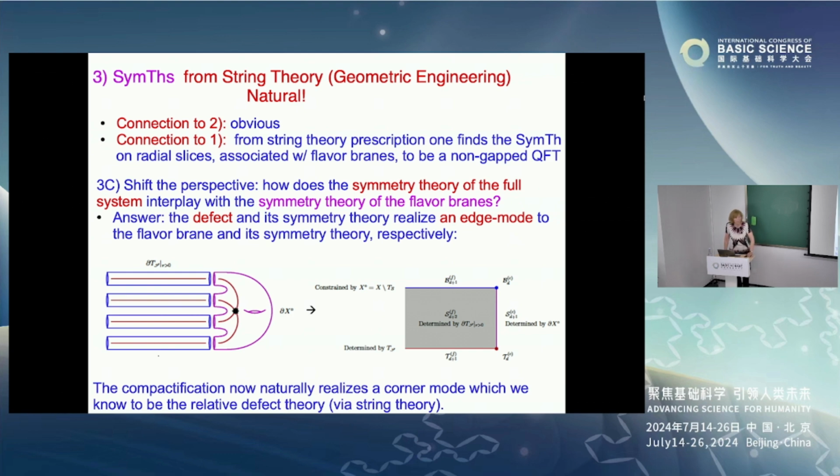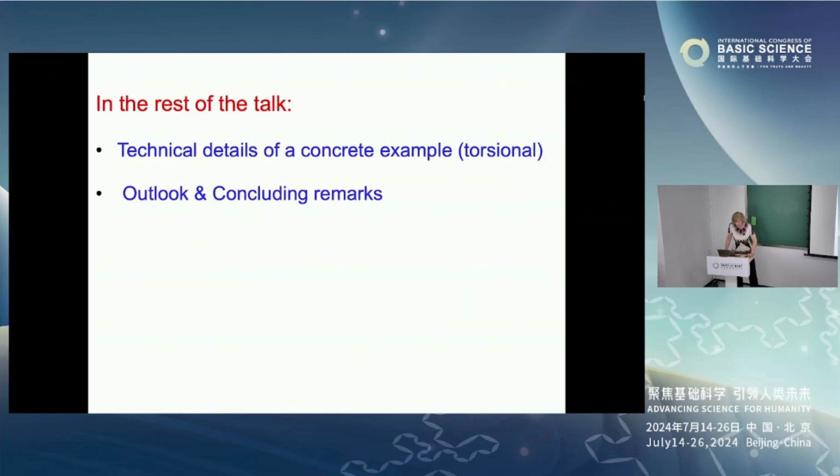So in the rest of my talk, I want to quantify a bit more an example where this nesting of symmetry theory produces really new physical insights. I will just focus on one example where I go into a little bit more detail in constructing the nesting field theory, and then I will pose some outlook and some concluding remarks.